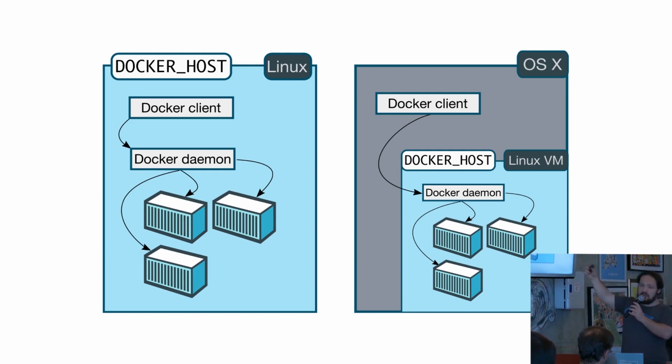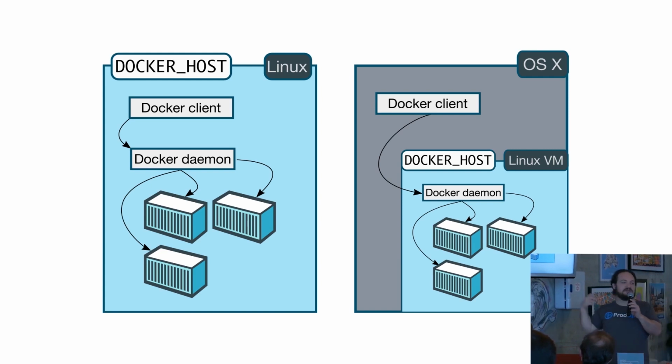Now, as the question was before, when you're running on a Mac, your client will be a Go application running on the Mac itself. It doesn't need anything special, but it will send its commands to a virtual machine that runs Linux, and that's where the daemon is running. When you're running on Linux, usually you would not need a virtual machine, but of course you can also use one if you like.